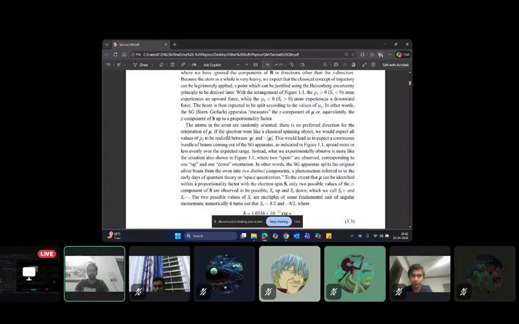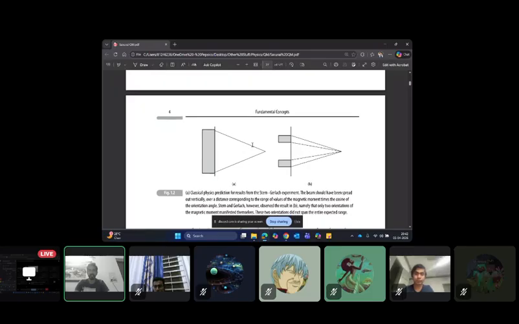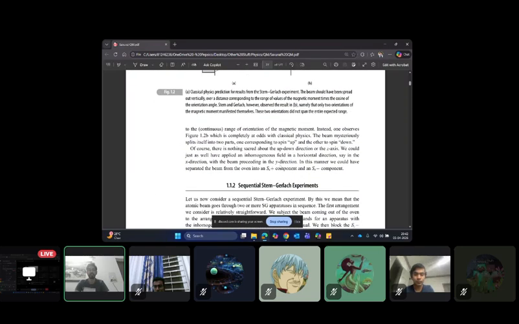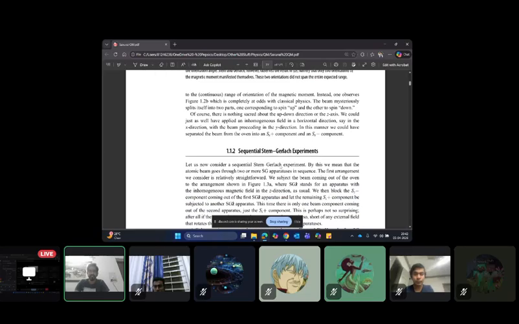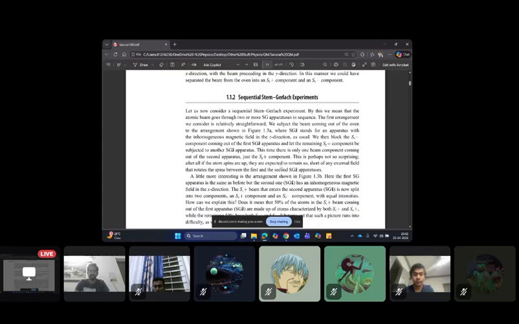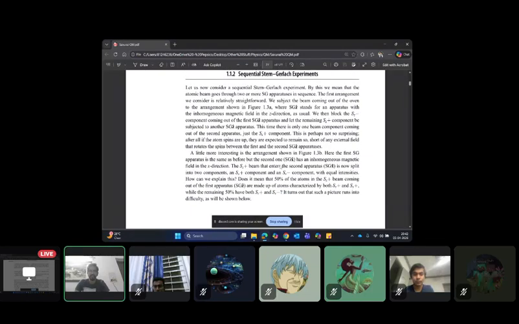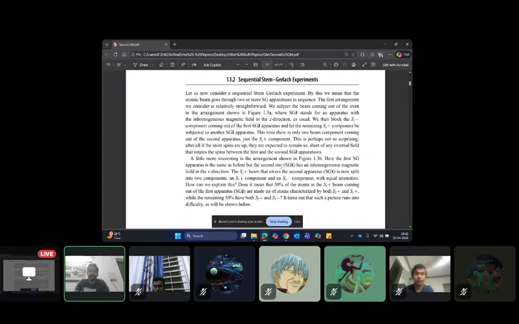So instead of continuous values, we get positive half and negative half, like minus h bar by 2 and plus h bar by 2, something like that. That's actually not written here, so I'm just making that up. But anyways, we are gonna move on to the sequential Stern-Gerlach experiment.